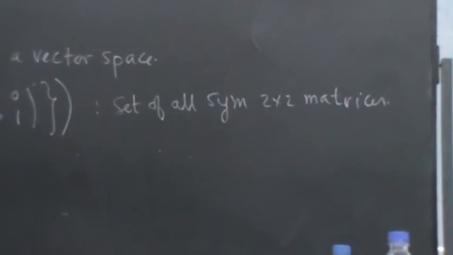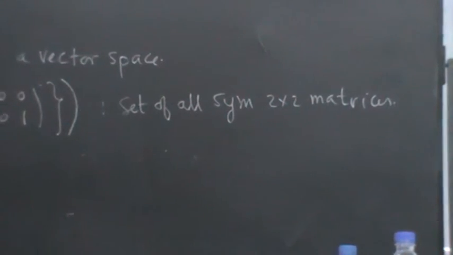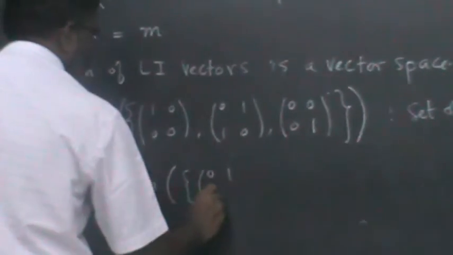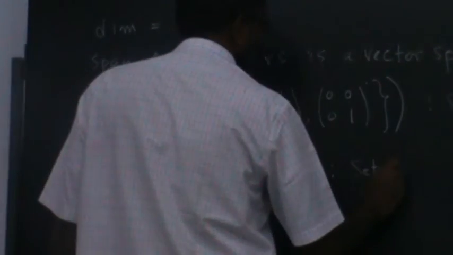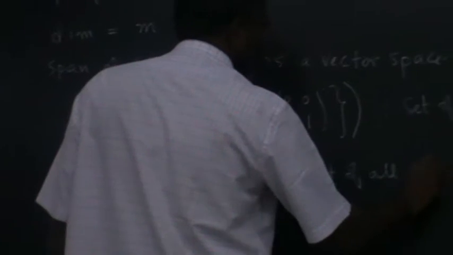Similarly, if I take the span of 0 1 minus 1 0, this is the set of all two-by-two skew-symmetric matrices.